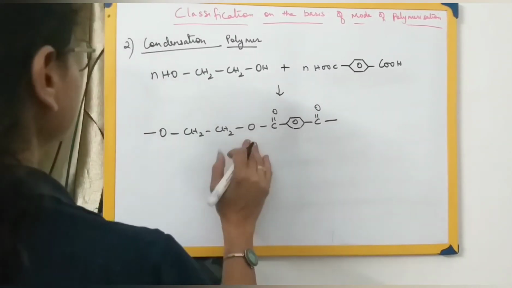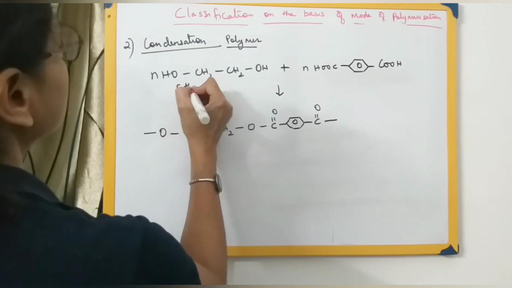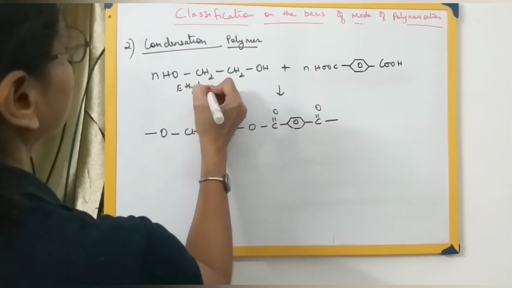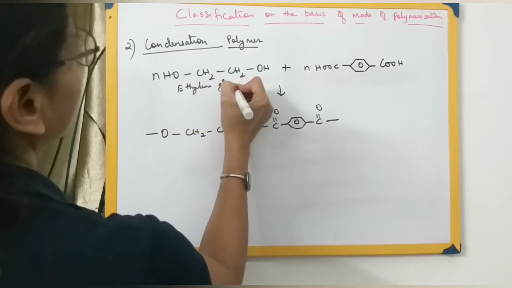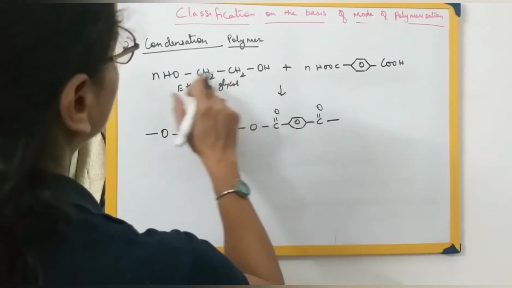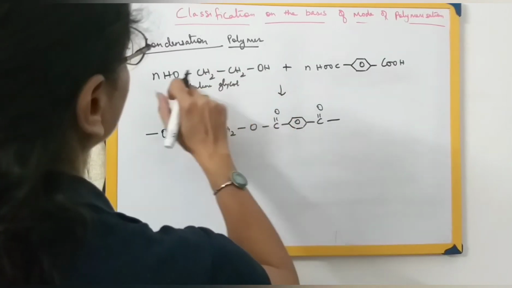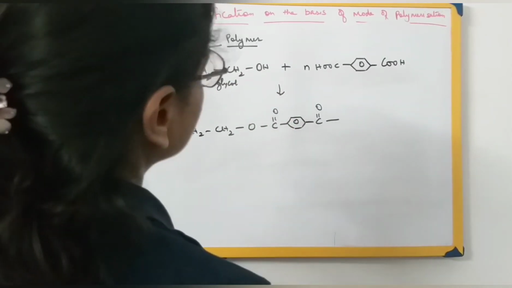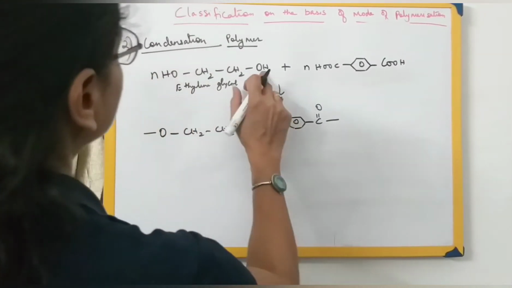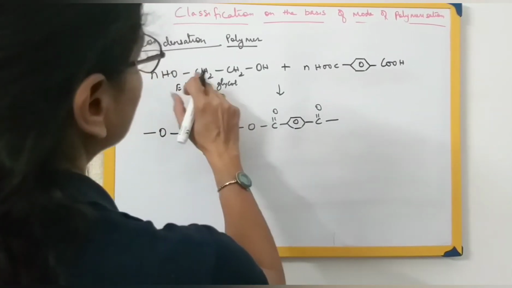This is called ethylene glycol. Why do we call it a glycol? Because there are two OH groups over here, two alcoholic groups, so we call this glycol, and two refers to two carbons.